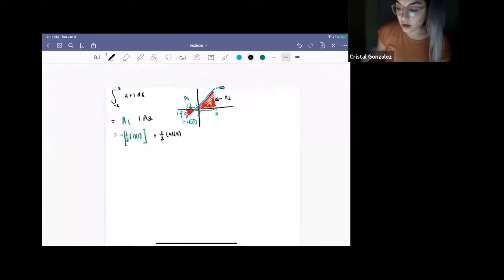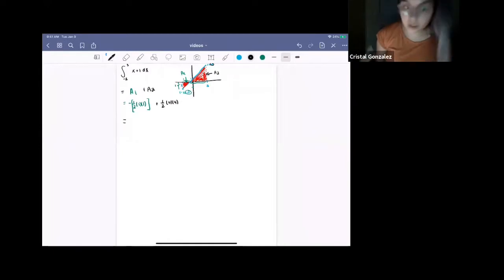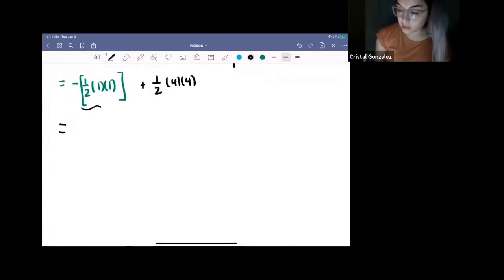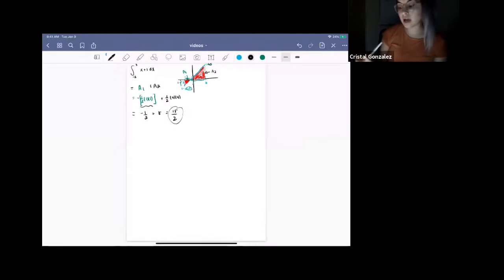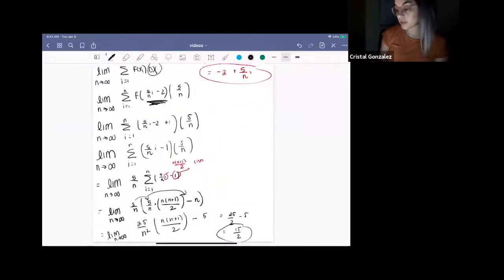And so now I can evaluate that integral. This part gives me negative 1/2. This part is going to give me 8. And so when I sum that up, I actually get 15/2, which is exactly what we got when we used that definition.